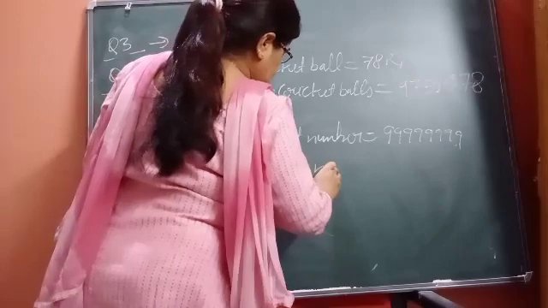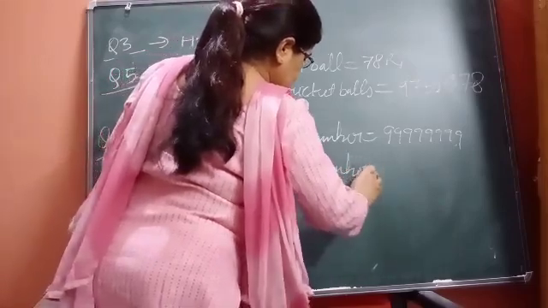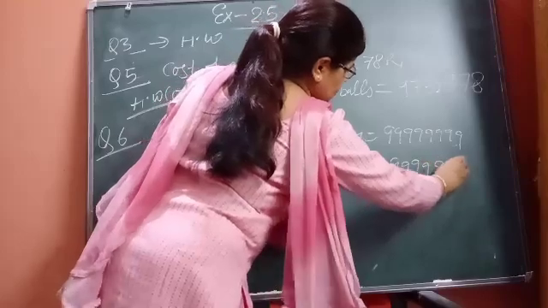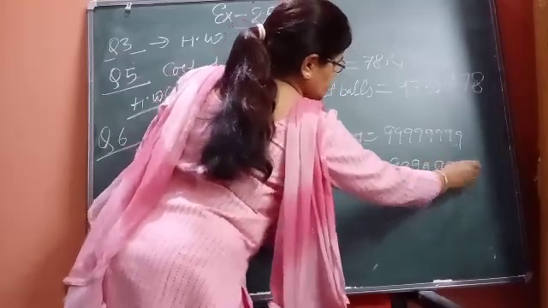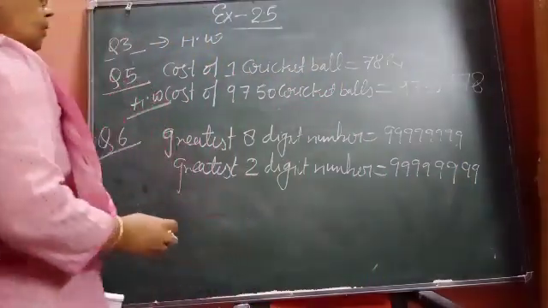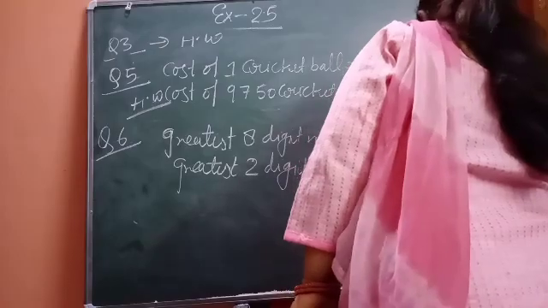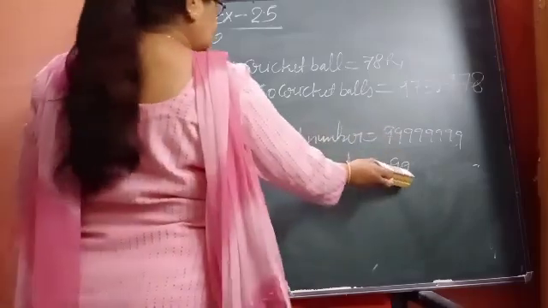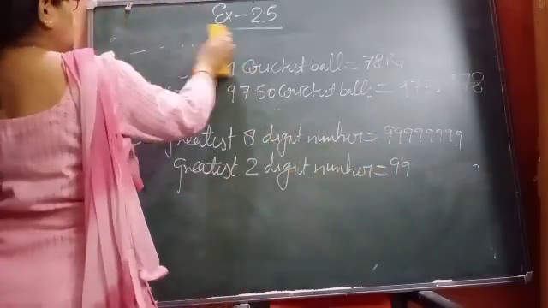The greatest 2-digit number is equal to, sorry beta, by mistake I have written it; it is 99. Okay. Now what he is asking is that this number should be exactly divisible by this, which means you have to perform the division.